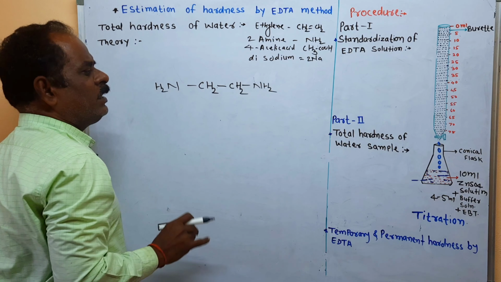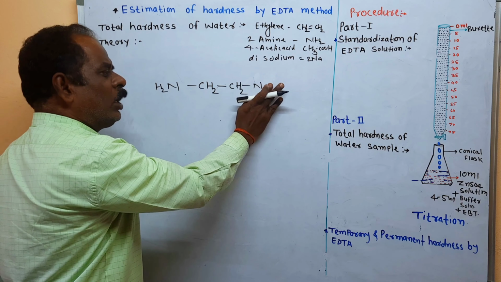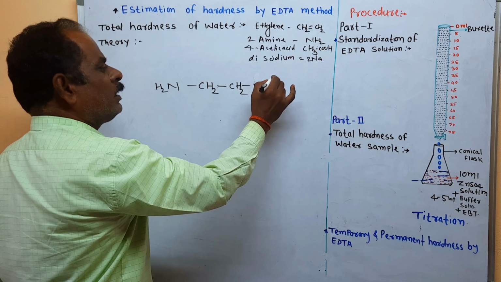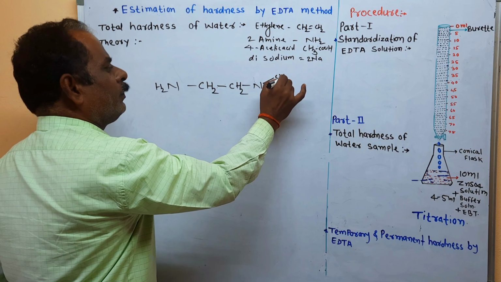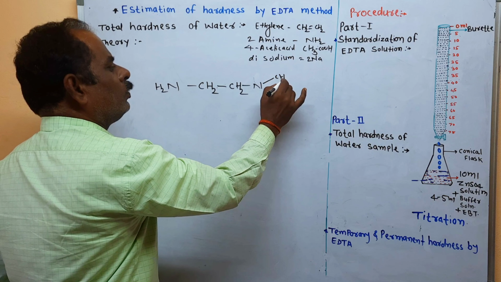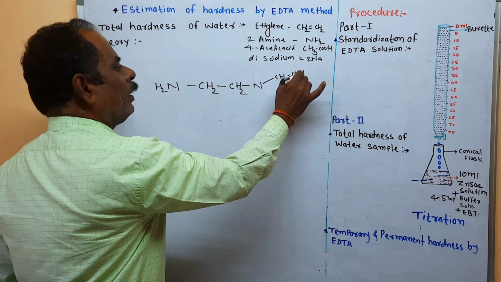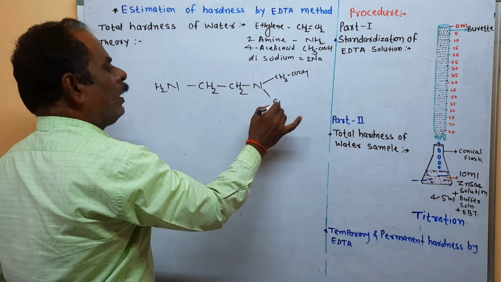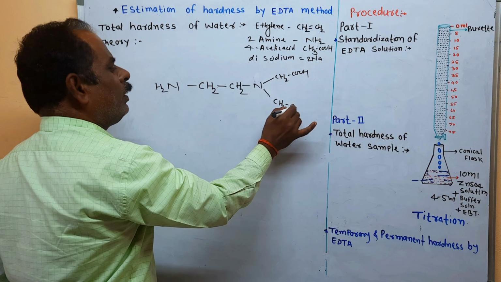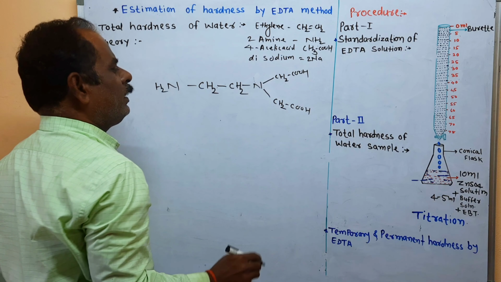Ta means tetraacetic acid. The 2 hydrogen atoms of the amino group are replaced by acetic acid groups, CH2COOH, and the remaining hydrogen atom of the amino group is replaced by another acetic acid group.